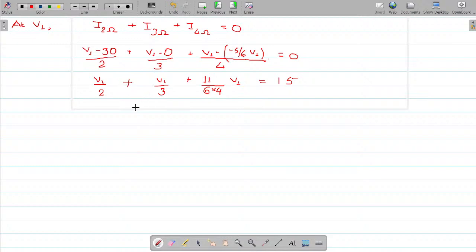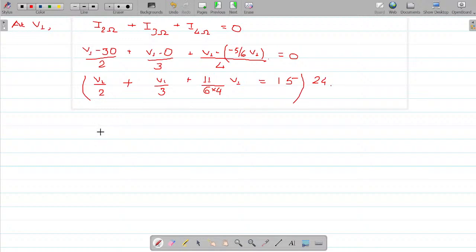To solve this, what would you do? How would you approach this question? We'll multiply the entire equation by what? 24. Okay.